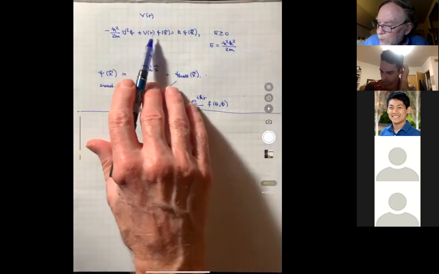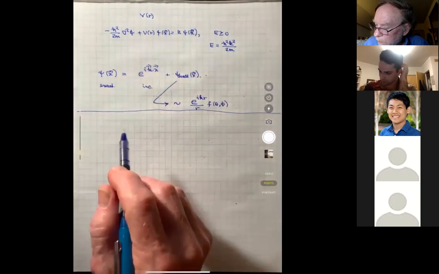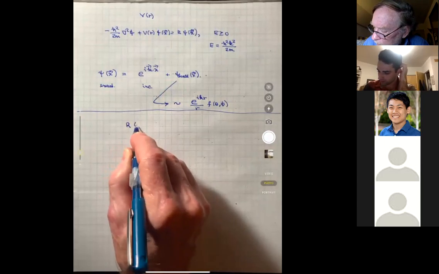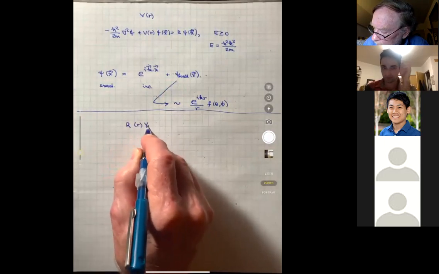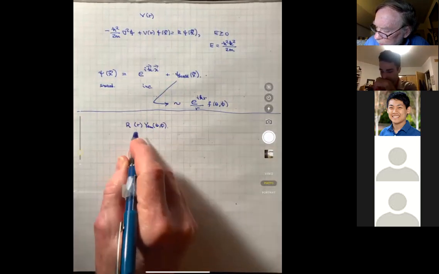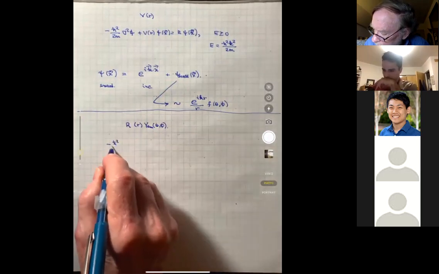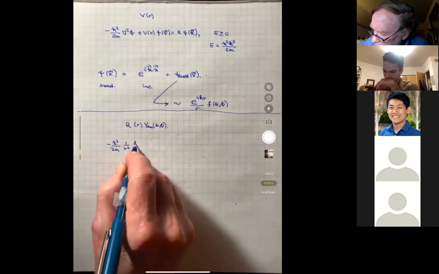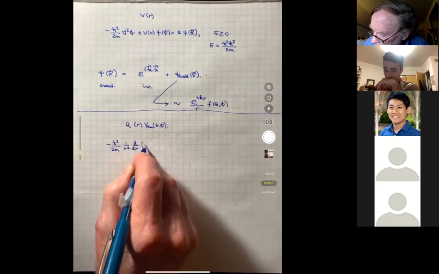This is the Schrodinger equation represented here in rectangular coordinates, but if we solve it in spherical coordinates, what you're going to get is a radial wave function R of r times a Y_lm of theta and phi. And we know that the radial wave function is going to satisfy the radial wave equation, which is h bar squared over 2m, 1 over r squared d/dr of r squared d/dr.